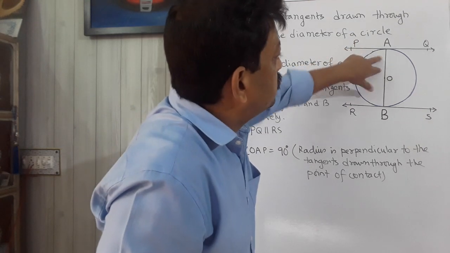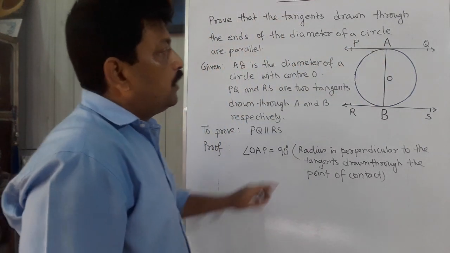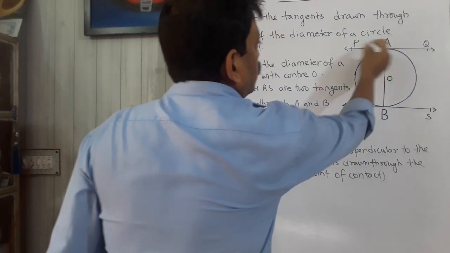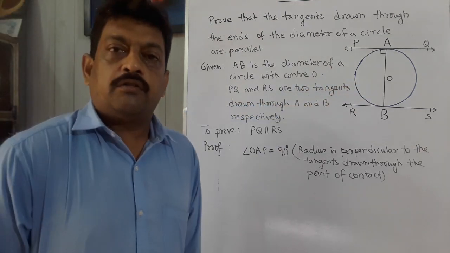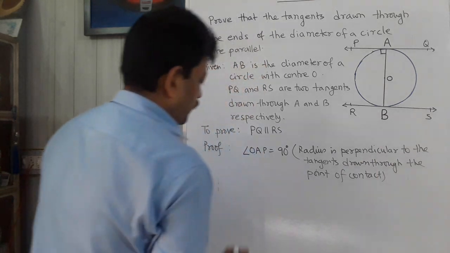OA is the radius, PQ is the tangent through A, so angle OAP equals 90 degrees, because the radius is always perpendicular to the tangent through the point of contact.